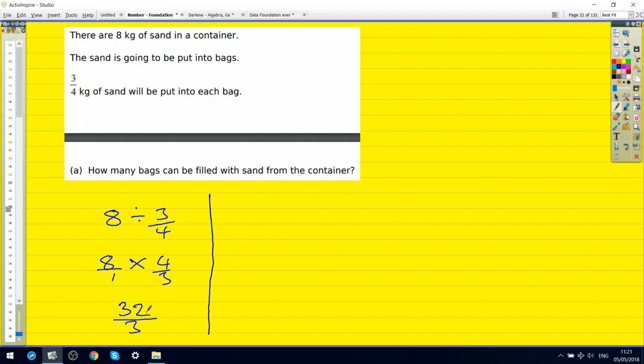Well, that's 32 divided by 3. So how many 3s in 32? Yeah, and remainder?